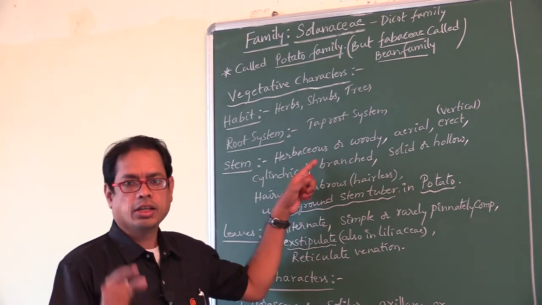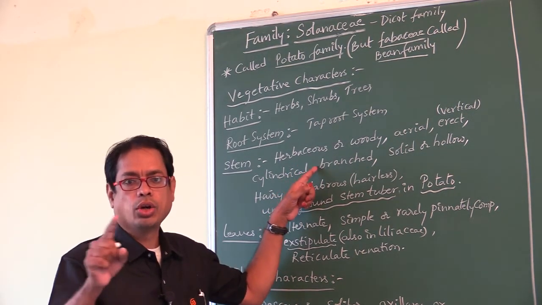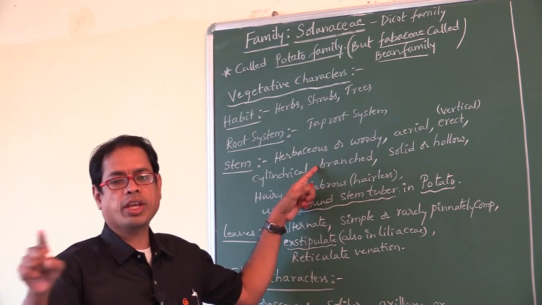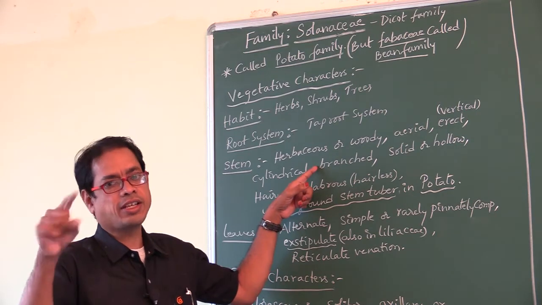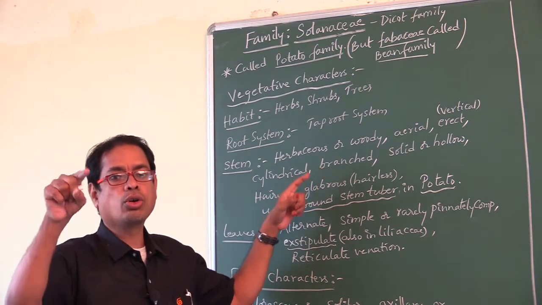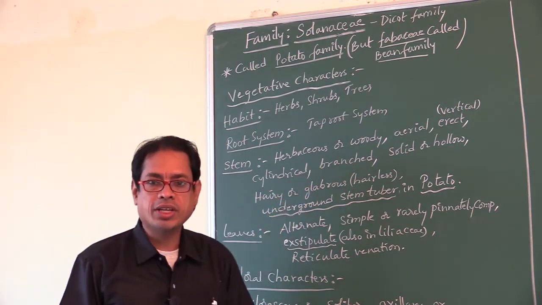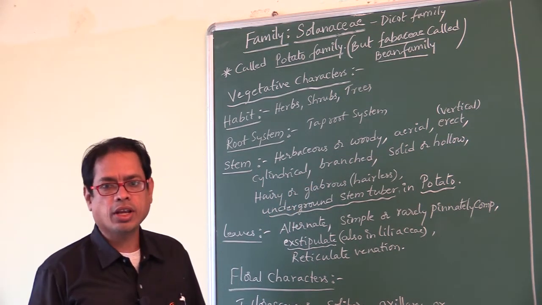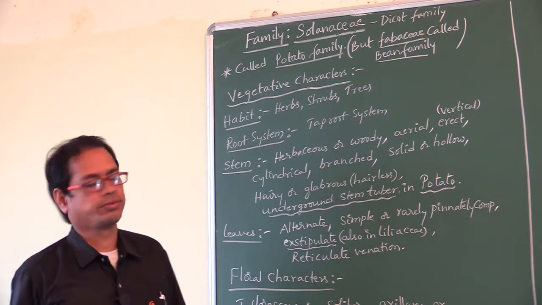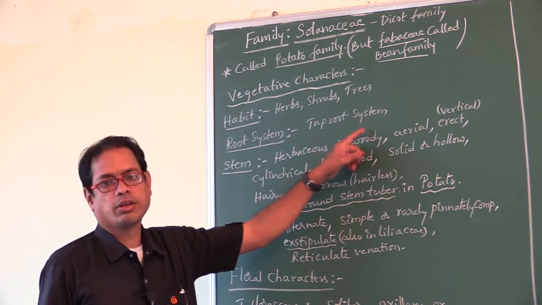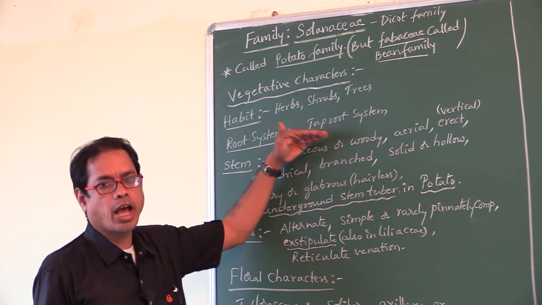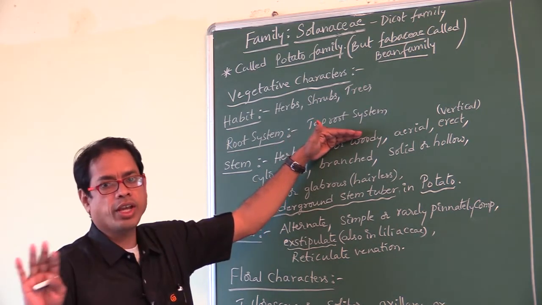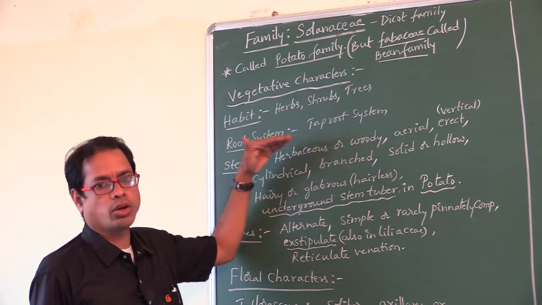But in the Solanaceae family, no root modification is found, whereas in the Fabaceae family, the root modification found is nodular roots, which are useful for nitrogen fixation. No root modification is found in Solanaceae, simply a tap root system.